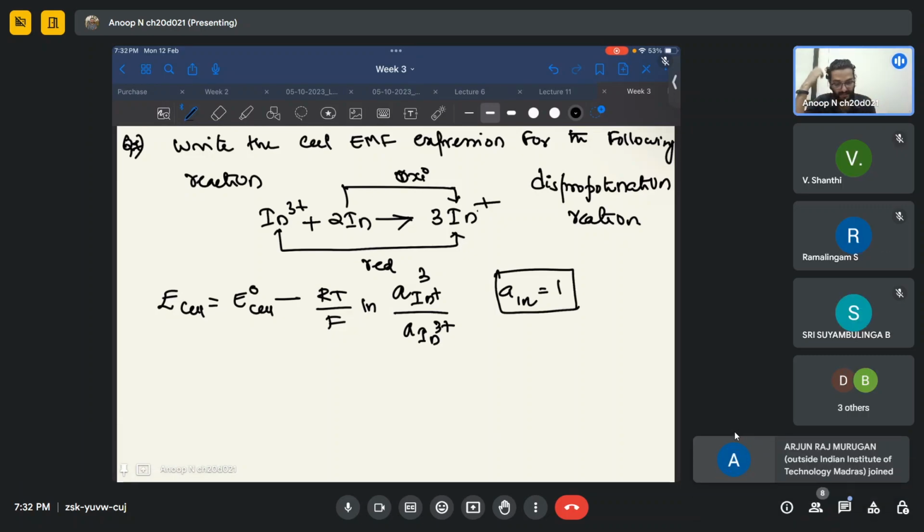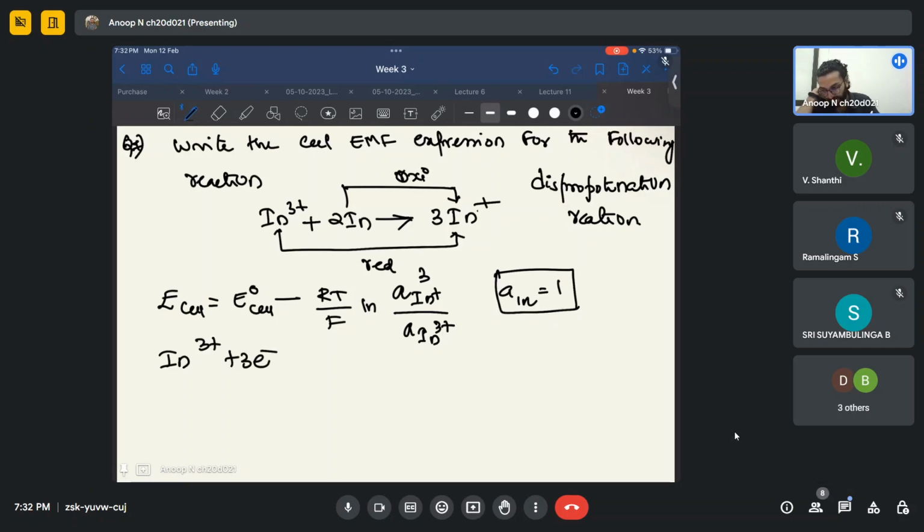So I'll just give a set of standard values. In3+ plus 3 electrons gives In, so its potential is minus 0.34 volt versus SHE.